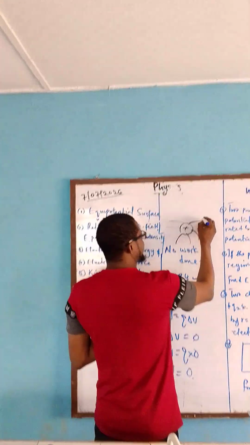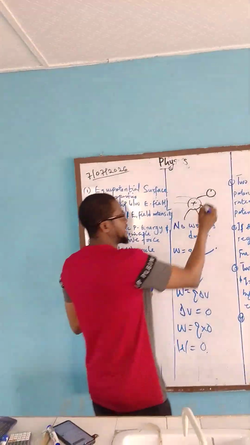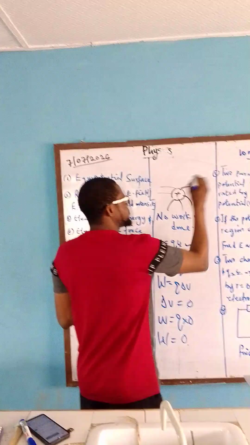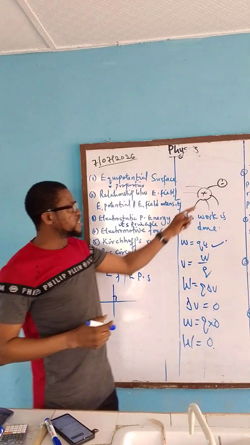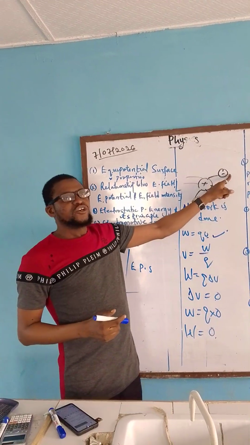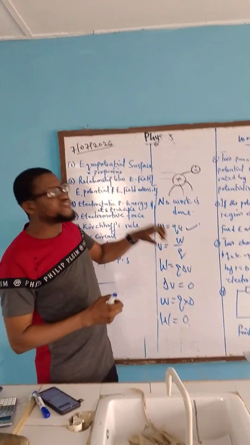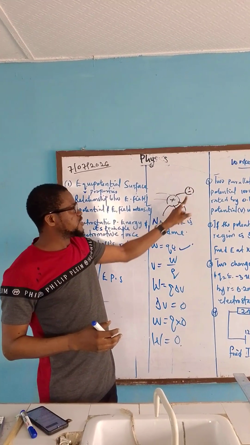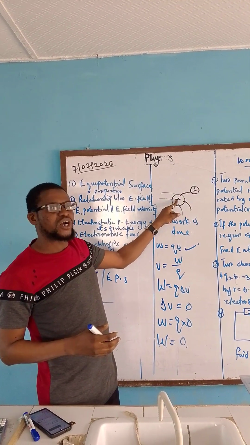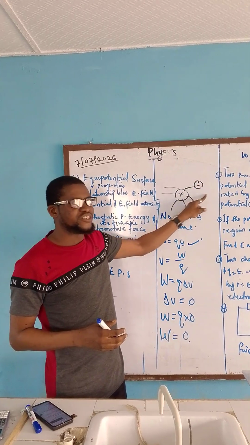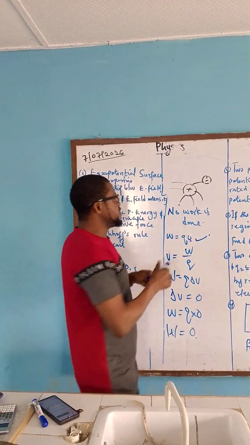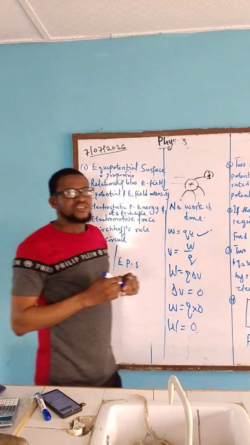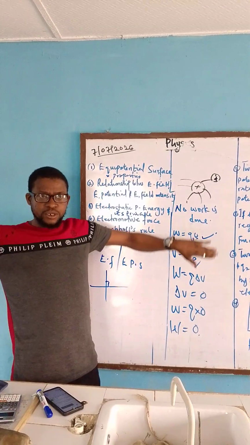So if any other object is here, carrying charge as well, but this time around this one is carrying positive and this one is carrying what? So there is going to be a force of attraction between both of them, because this one is operating within the field of this one, and this one too is operating within the field of this one. But if the charges look alike, we are going to see a force of repulsion.